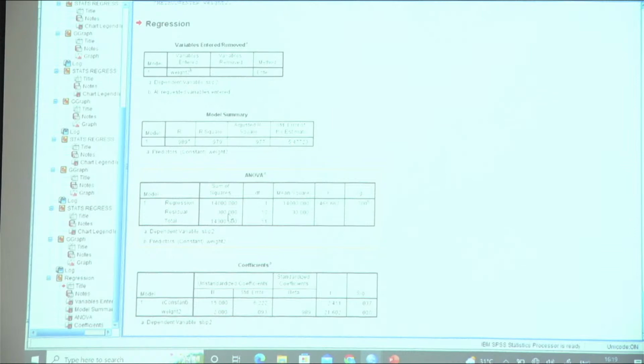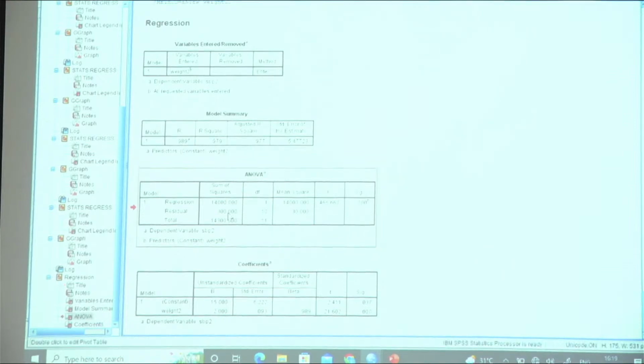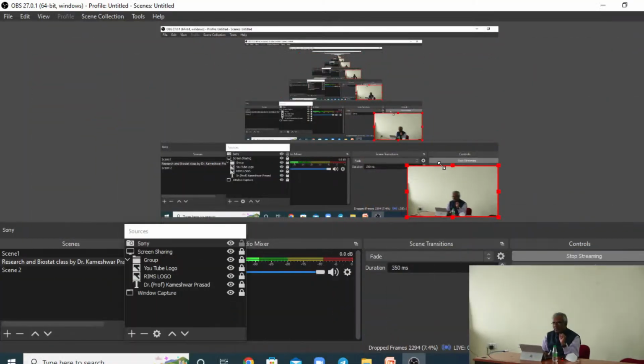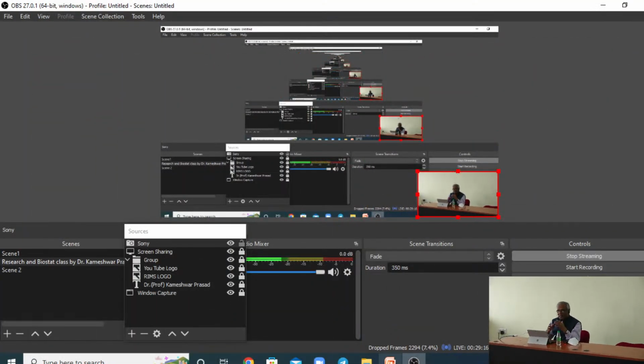If all the points are on the line, then your residual is 0, which means all points can be very well explained by the regression line. If you find points away from the line, then you have to find out how much, that is the residual. So residual is what is not explained by the line.